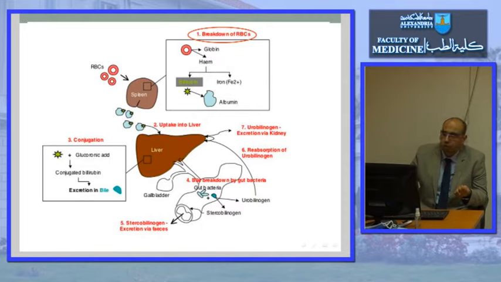Another portion will be reabsorbed as urobilinogen and will go to the kidney and be excreted there. So urobilinogen is excreted in the urine. The third fate for direct bilirubin is enterohepatic recirculation. It is reabsorbed from the intestine back to the liver to be part again of the metabolism of bilirubin.